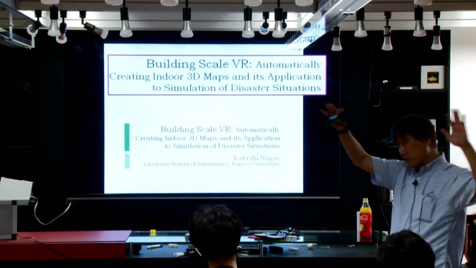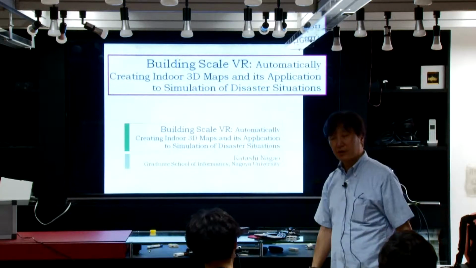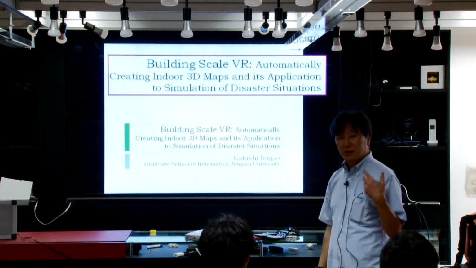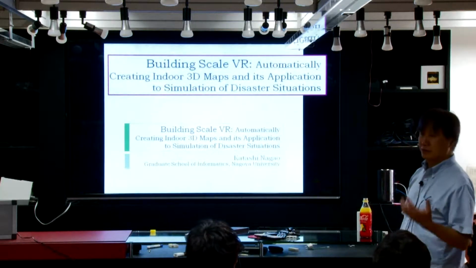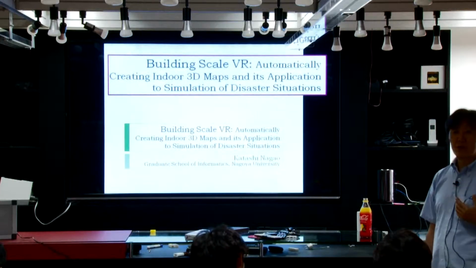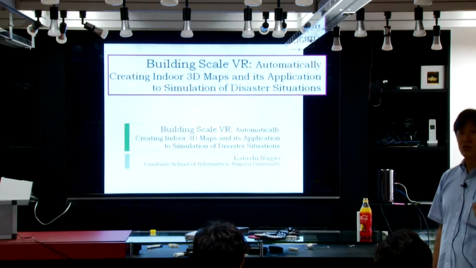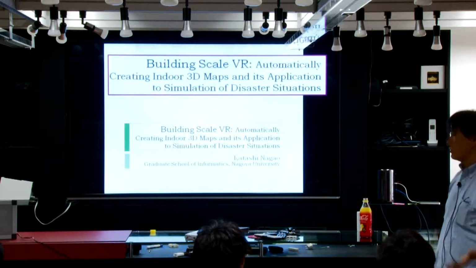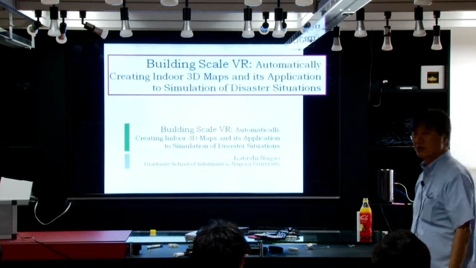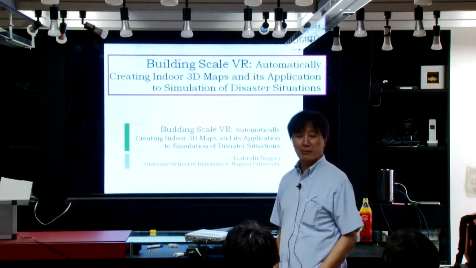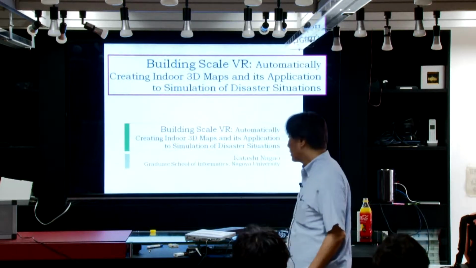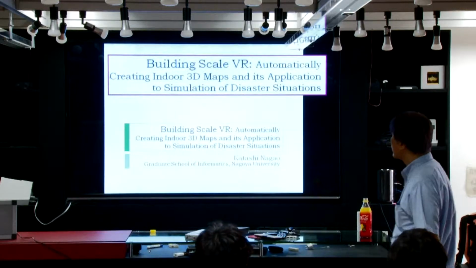The whole building can be virtualized, and then we can move inside that building virtually, and we can have an experience of disaster situations that are difficult to realize in real space. So VR systems have many applications in the near future.